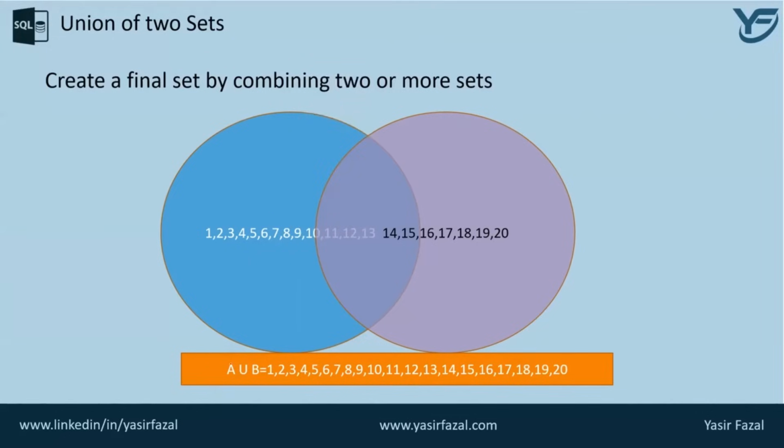Here is the set A, and here is the set B, and the U actually denotes the union of the sets, and the resultant set is this one, 1 till 20. I hope you have got the concept of the union of two sets.